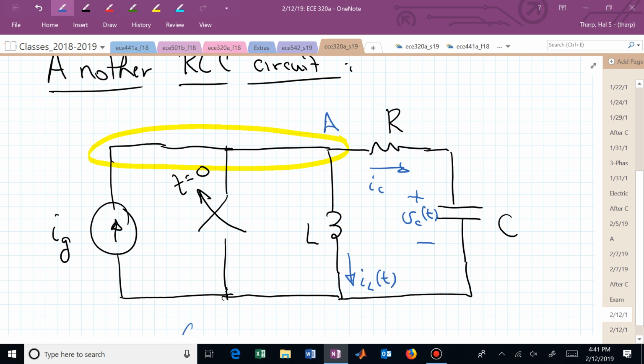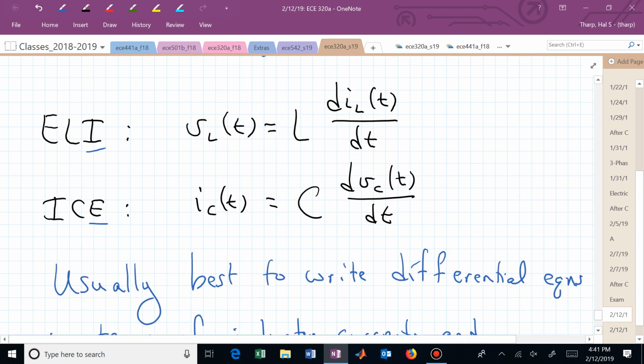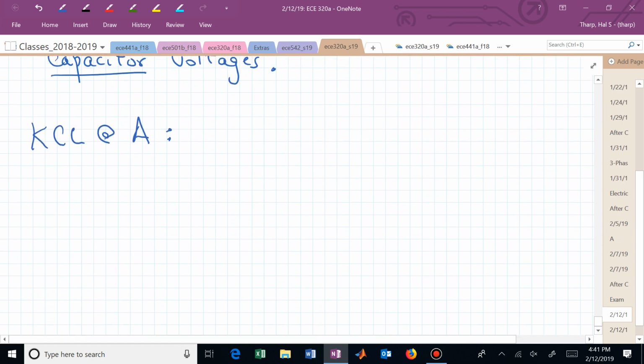Meaning KCL at A we can write as the current in, the current source I sub G, equaling the current out, which is I sub L plus I sub C. I sub L is what we want to write these expressions in, so let's just leave that alone.